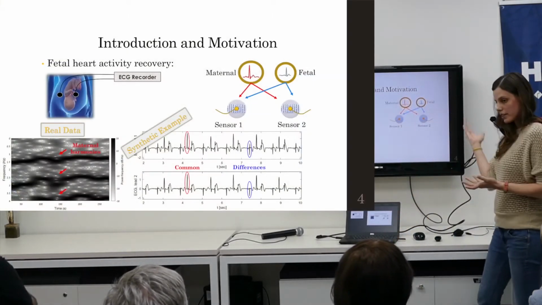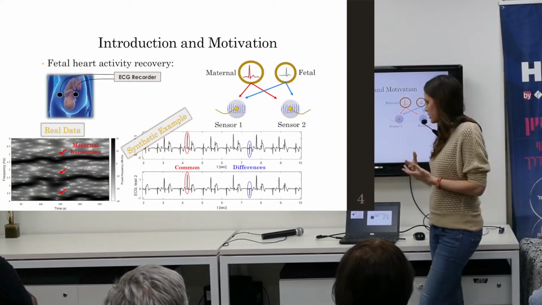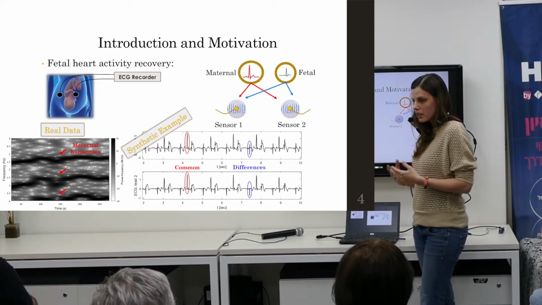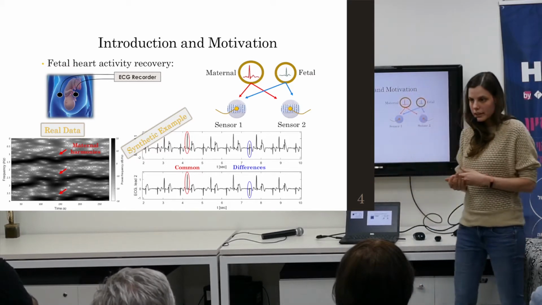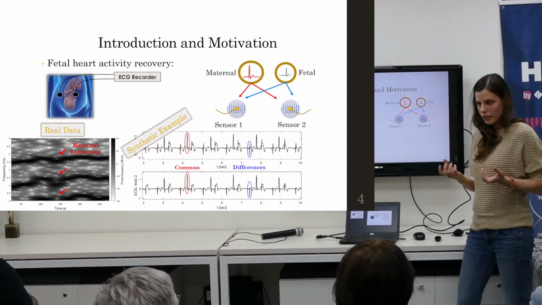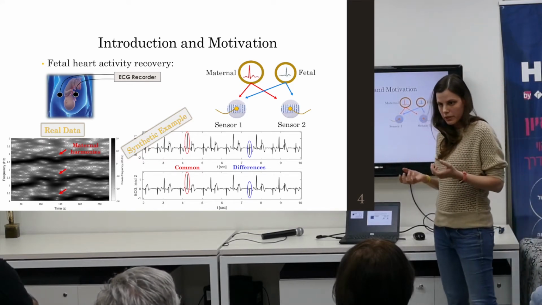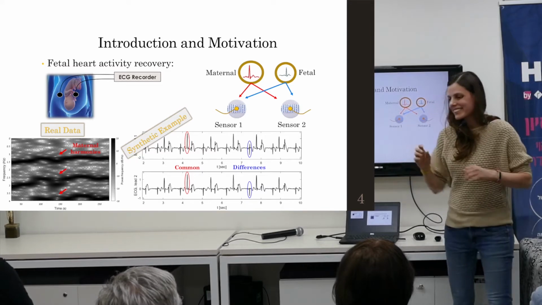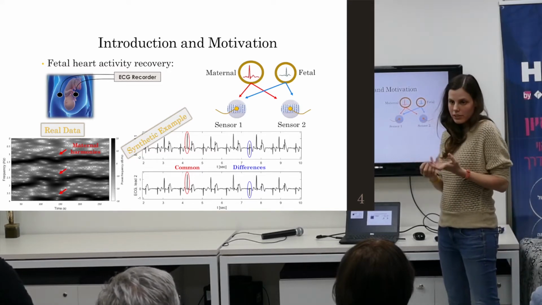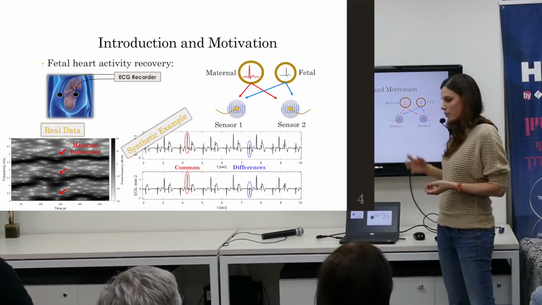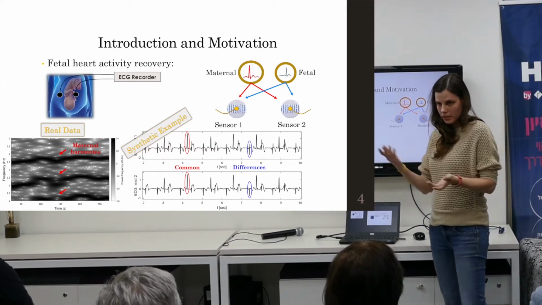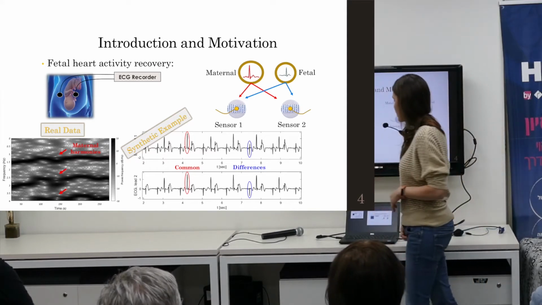So in general, this application addresses heart rate recordings during pregnancy. Currently when a woman is pregnant, the fetal heart activity is usually recorded using two ultrasound transducers that are placed on the abdomen. These recordings are rather useful, but they're very bulky and can be done only in hospitals or medical service locations.